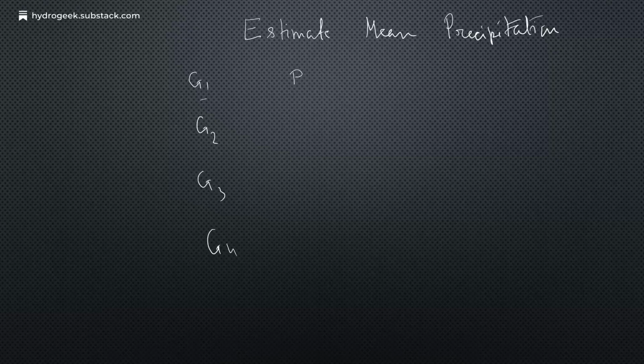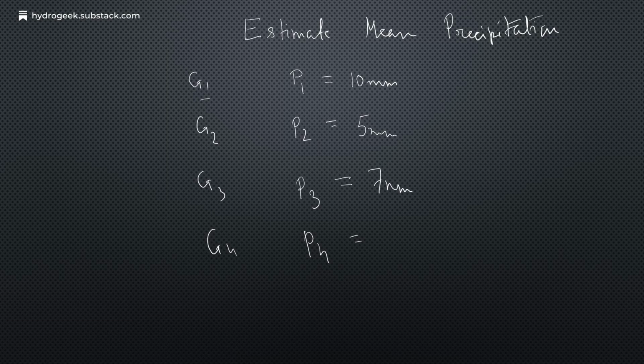measured by rain gauge 1 is P1, which is equal to 10 millimeter. On that same day, the rainfall measured by gauge station 2 is P2, which is 5 millimeter. Similarly, same day rainfall as measured by G3 is 7 millimeter, and ultimately G4, 6 millimeter.